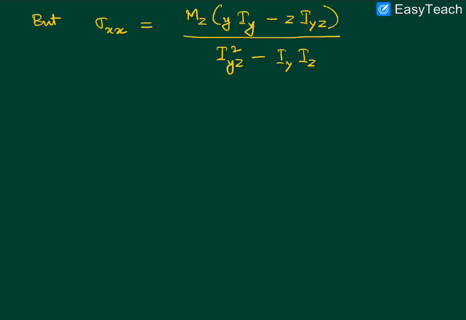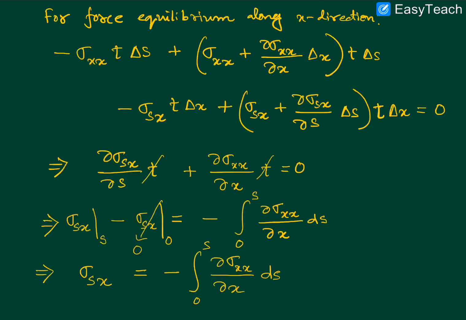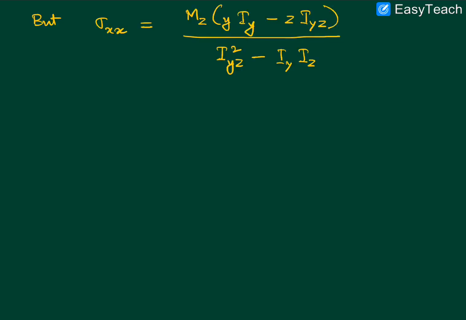What this formula is not showing is the contribution from my, because the kind of loading that we have considered is not going to contribute to my. If we go back to the previous page, we see that we don't require the sigma xx directly, rather we need the derivative of sigma xx with respect to x here. So referring to this particular part, what we really need is this thing.